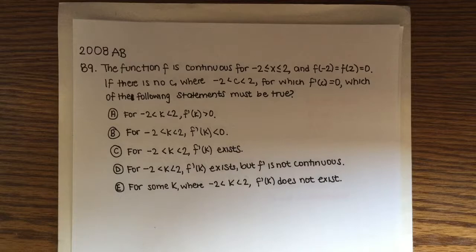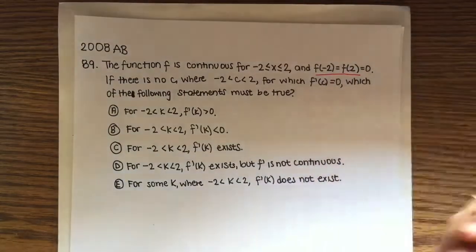This problem says, the function f is continuous on the closed interval from negative 2 to 2, and f of negative 2 equals f of 2 equals 0. If there is no c, where c is on the open interval from negative 2 to 2, for which f prime of c equals 0, which of the following statements must be true? Well, we can notice that in this problem, f of negative 2 equals f of 2.